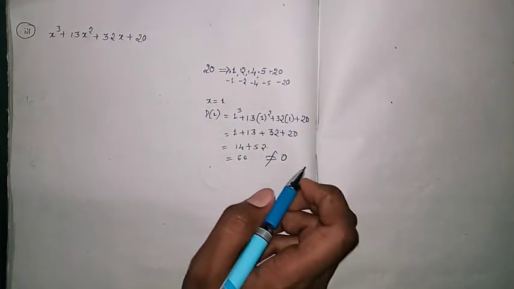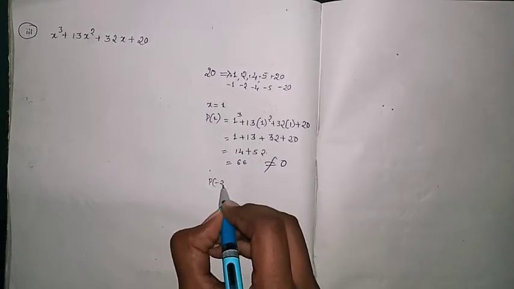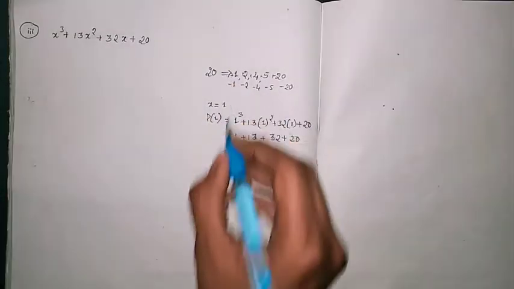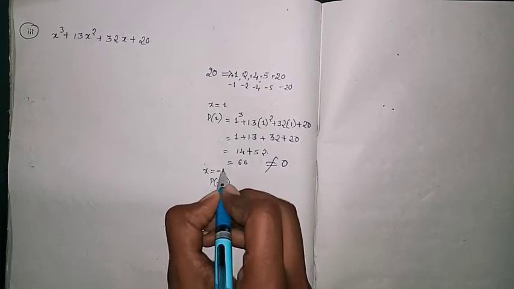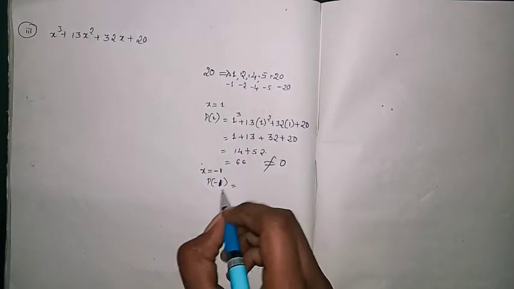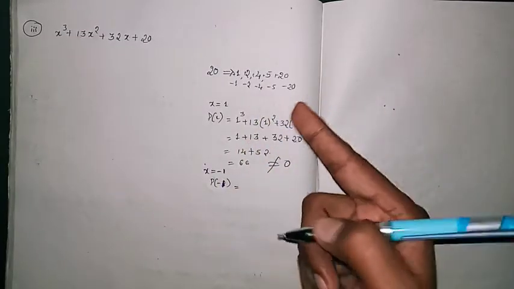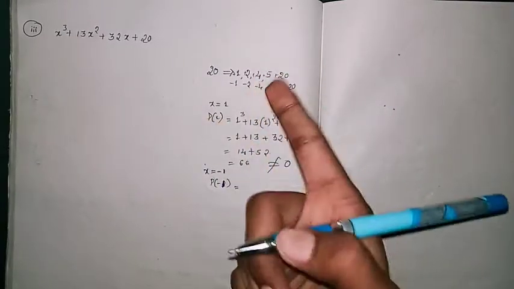As it is not equal to 0, now consider p of minus 1, so x is equal to minus 1 we will consider. Whenever you are checking, just check plus 1, minus 1, plus 2, minus 2, plus 4, minus 4, like that.